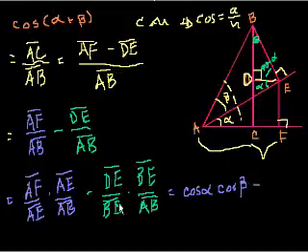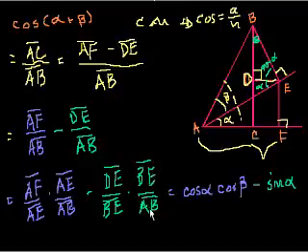Switch my colors. Minus DE over BE. Well, this is alpha, right? A little smudge, you probably can't read it, but we showed that was alpha. So DE is the opposite, and BE is the hypotenuse. Opposite over hypotenuse is sine, so that's sine of alpha.